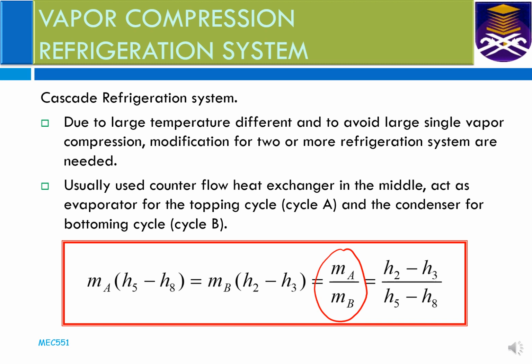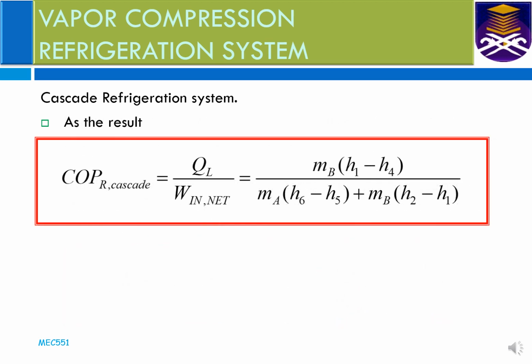Finally, we can find the ratio of the mass flow rate of the upper cycle to the bottom cycle, which is given by the enthalpy change across the condenser for the bottom cycle and the evaporator for the top cycle. From that we can define the coefficient of performance.